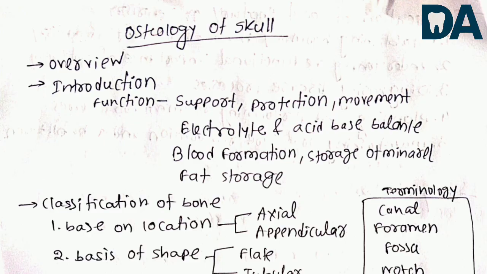Overview. The human body is composed of 206 bones. Bones can be classified in general on the basis of location into axial skeleton and appendicular skeleton.